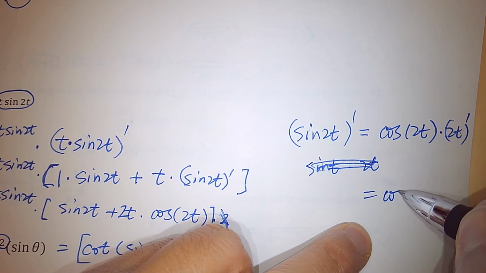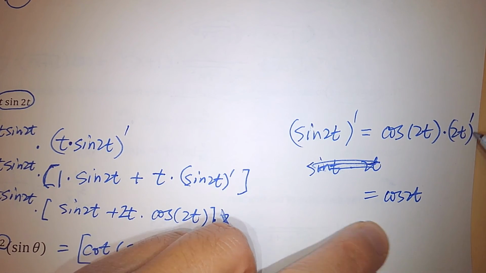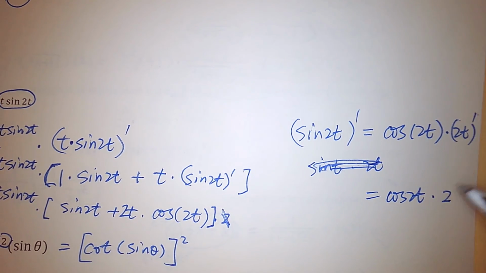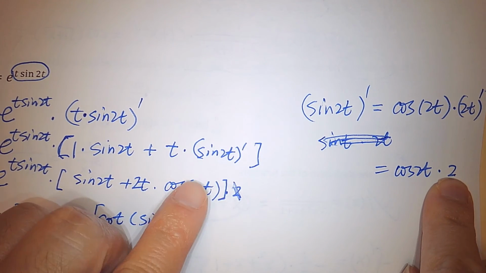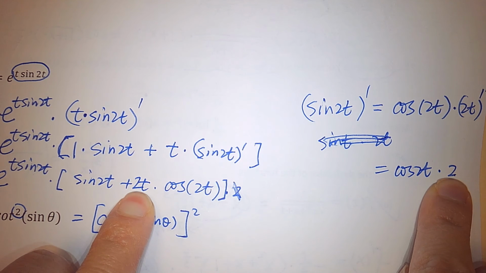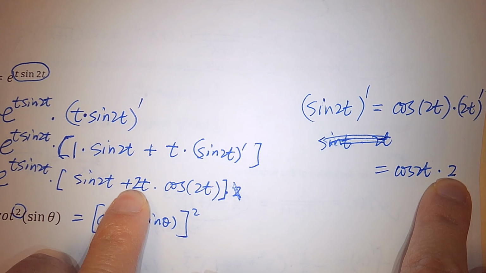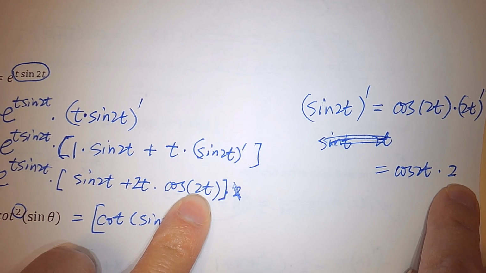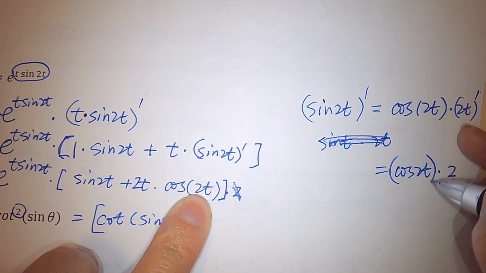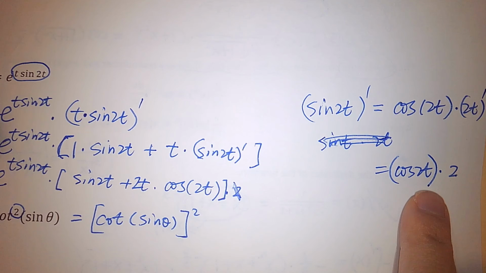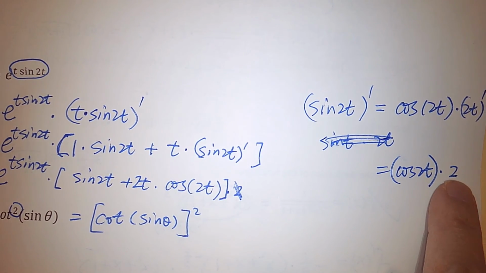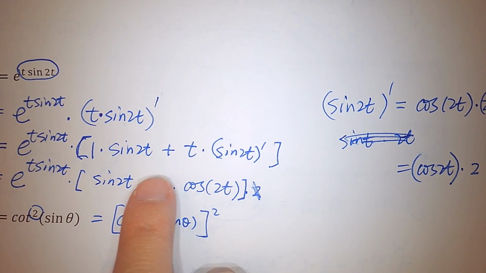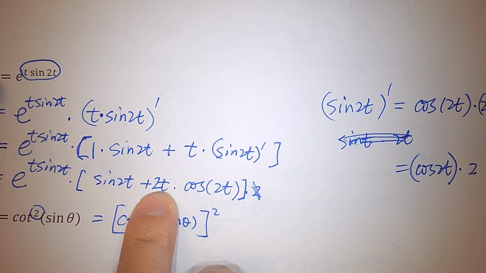Cosine of 2t is cosine of 2t, and 2t's derivative is 2, but I write this 2 in front of the entire product. That's how we get 2t times cosine of 2t. This is cosine of 2t, it's not cosine of 4t. This 2 is a double of cosine of 2t, so that's why I write it in front. Brittany, you got it?